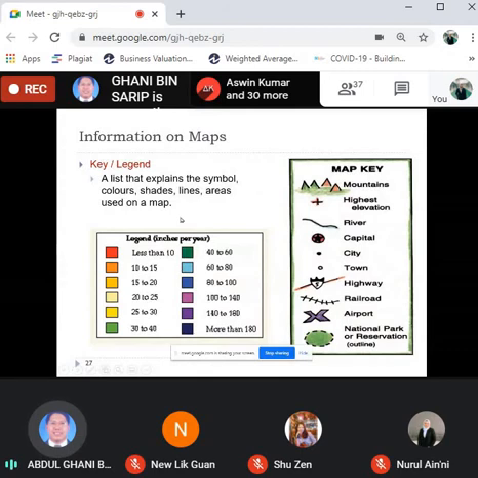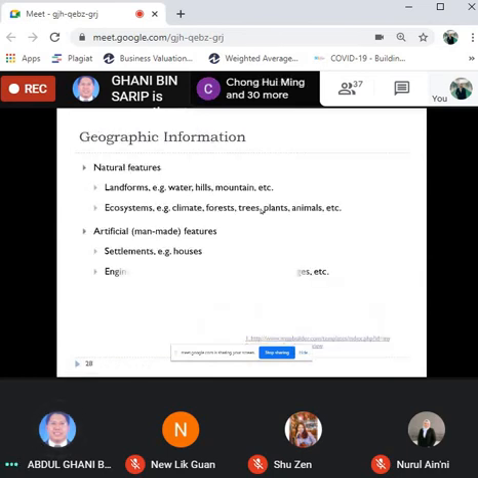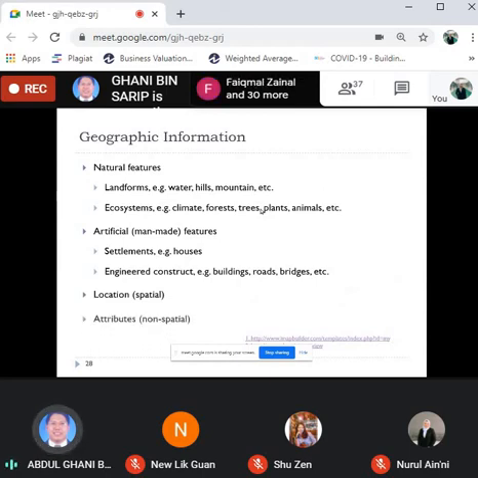These are some of the pieces of information that exist on typical maps. We have a legend, and we have the key to the map. There is a lot of geographic information on a map: natural features, man-made features like houses and properties, which are all man-made.